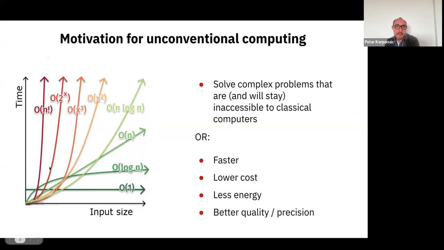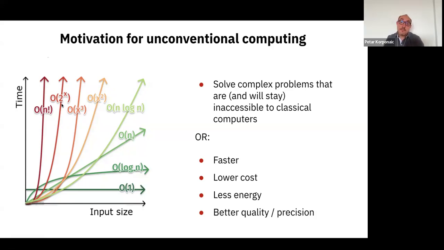And you can see that these red lines are problems that are very hard to solve. Those problems are unreachable with larger input size. Problems of this complexity, like factorial complexity and exponential complexity, are very hard to solve on classical digital computers.